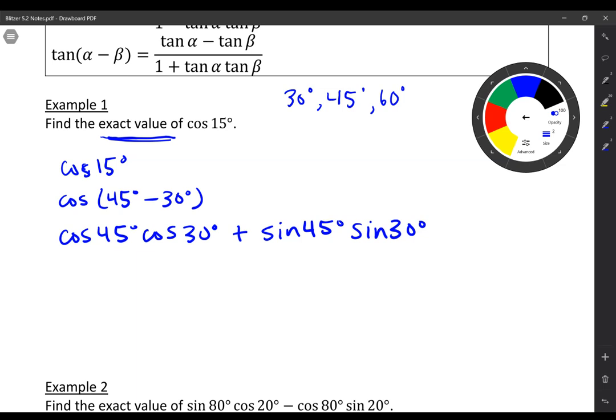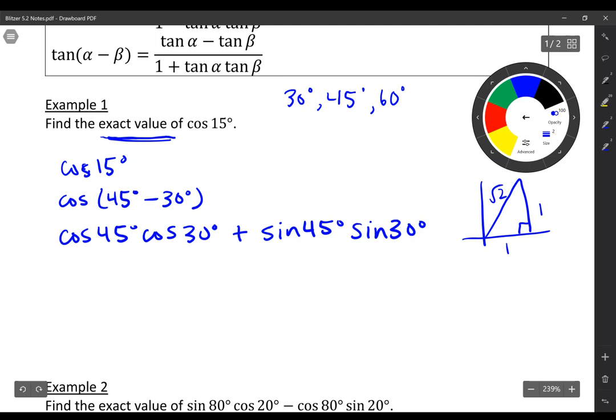So my 45-degree triangle, I'm going to draw over here. And we're going to talk about how this triangle, maybe we need to update it a little bit for 45 degrees. And then I also need to have a 30-degree triangle. So across from the 30 is the 1.